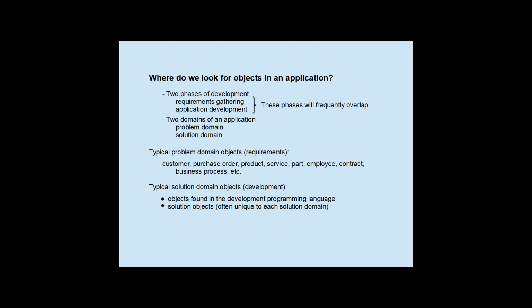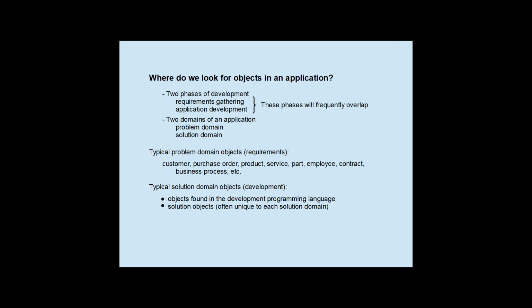Where do we look for objects in an application? Well, there are two phases and there are two domains. These are essentially describing the same application in different ways. So in the phases, we may look in the requirements gathering and the development of the application, and those phases will frequently overlap. And in the domains of an application, we might look into the problem domain or the solution domain.